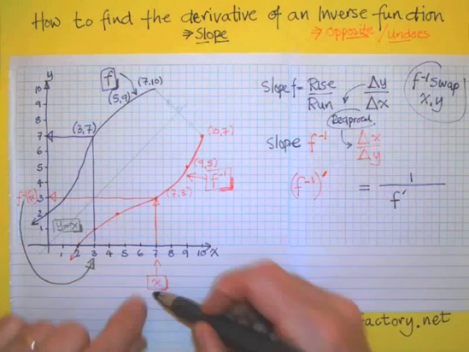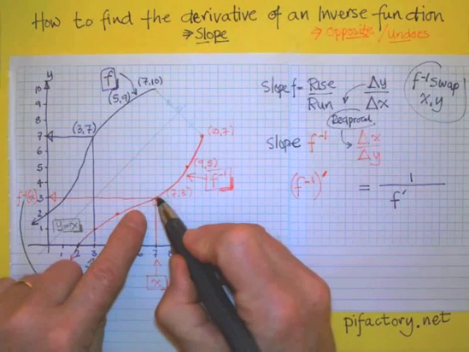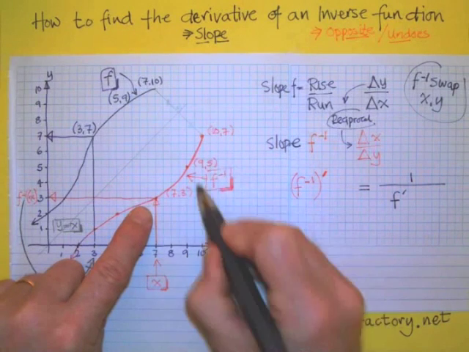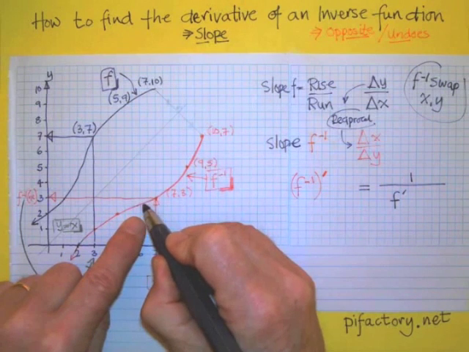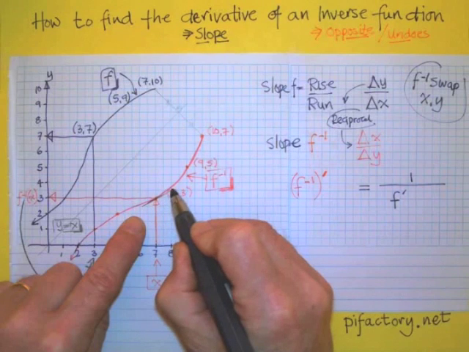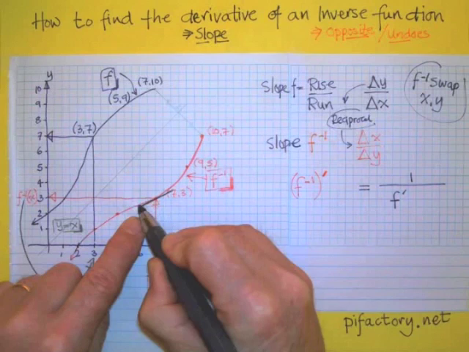Okay, let's go back to this. Here we've got an x coming in, and here f prime, inverse f. What's the slope, the instantaneous slope at this point? Well, we're drawing in a tangent line. Let's draw in a tangent line.